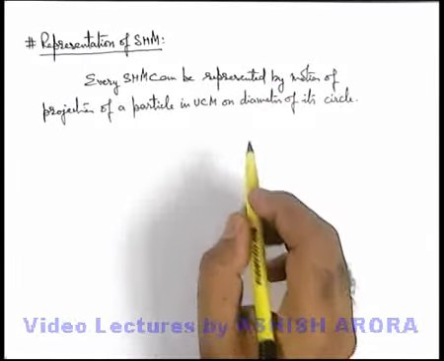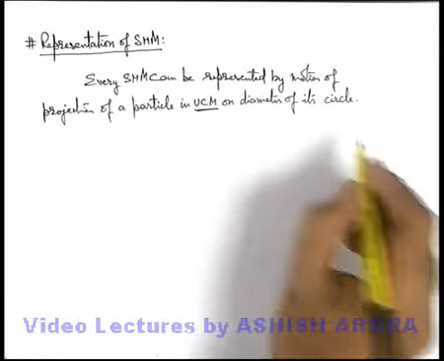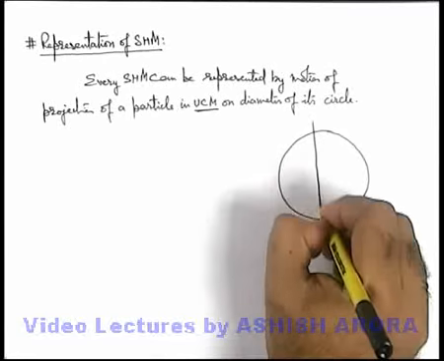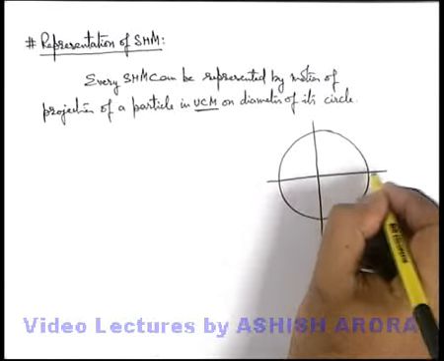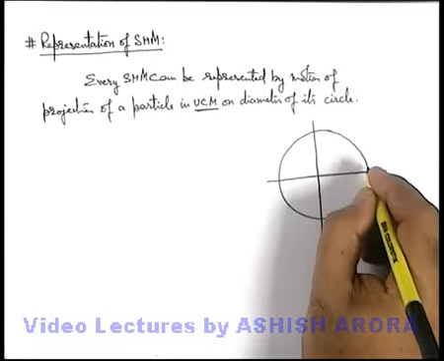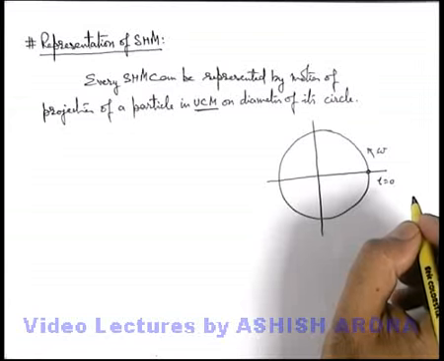If, say, a particle is executing uniform circular motion in a circular path, like if I draw a circle, and a particle is following the circular motion and at t equal to 0 the particle was located here, and it started revolving at an angular speed omega.